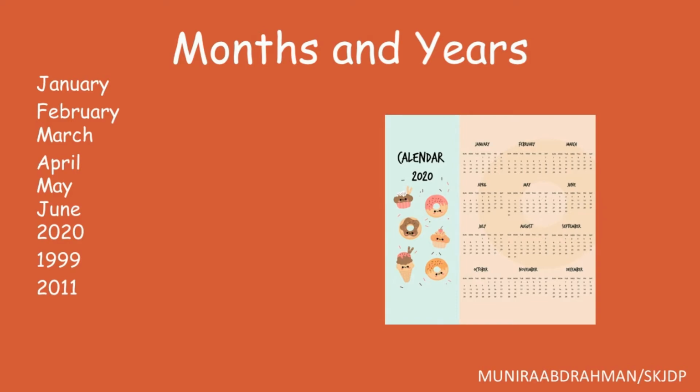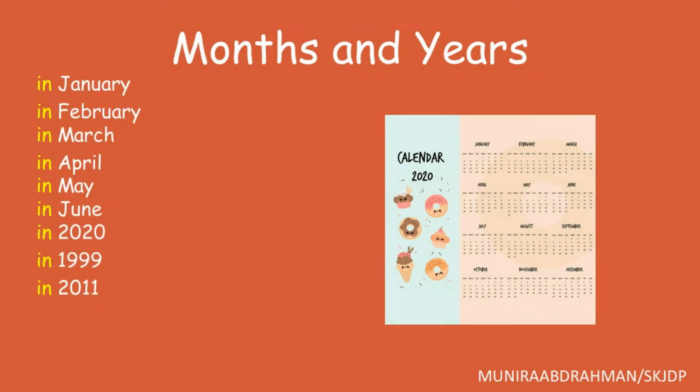So as you can see here, I have listed some examples for you to see. So for months here, we have January, February, March, April, May, June. And for years, for example, 2020, 1999, and 2011.